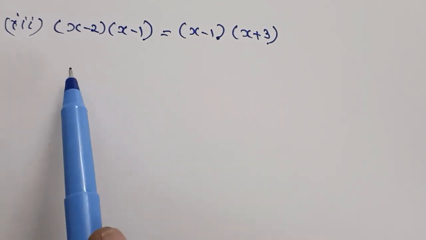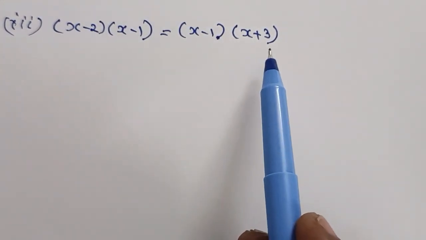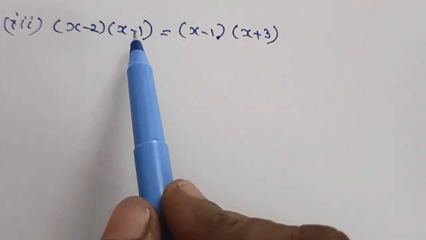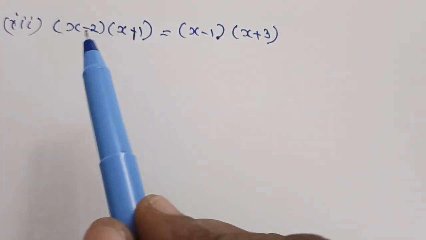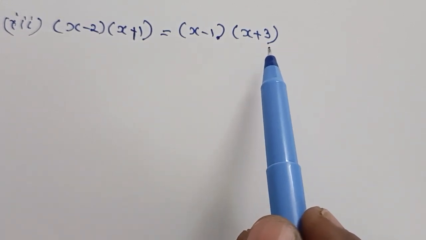Third question, (x − 2)(x − 1) = (x − 1)(x + 3). Here it is x + 1: (x − 2)(x + 1) = (x − 1)(x + 3).